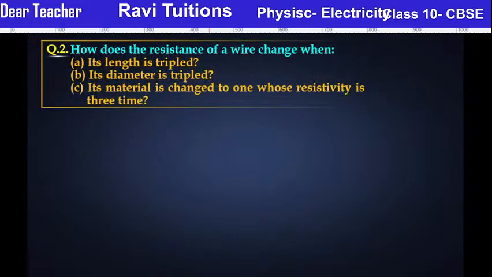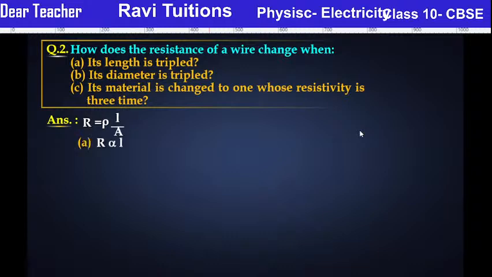How does the resistance of a wire change when the length is tripled, the diameter is tripled (diameter means area of cross section will come), and the material is changed to one whose resistivity is 3 times? There are three conditions given. Depending on these three conditions, how will the resistance of the wire change?